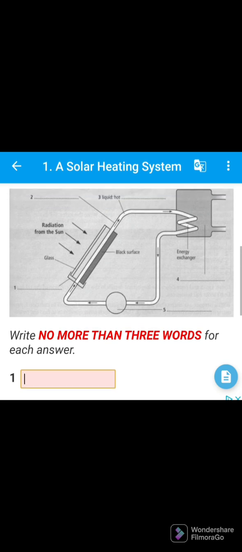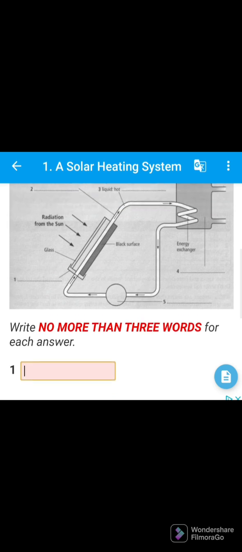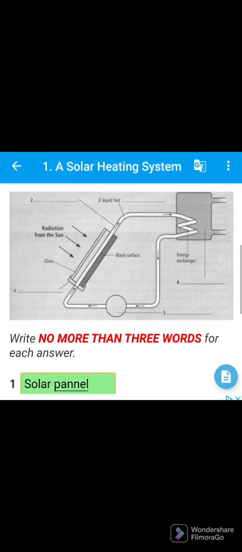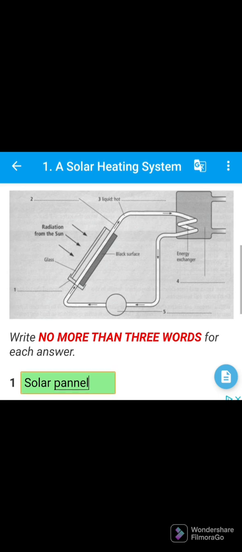Radiation passes through the glass at the front of the solar panel, here on the roof, and hits the surface at the back. This surface is black, because black is good at absorbing radiation, and so the black surface becomes hot. Energy, in the form of heat, is conducted along the back of the solar panel to these copper pipes.